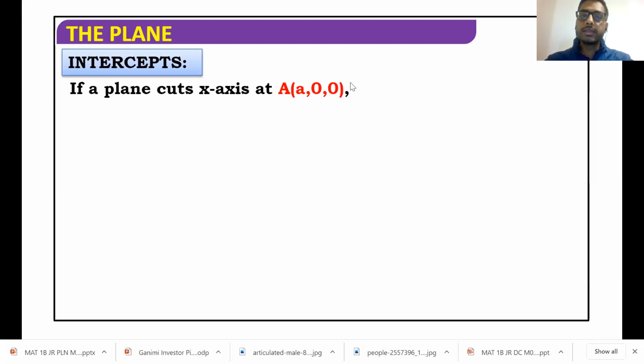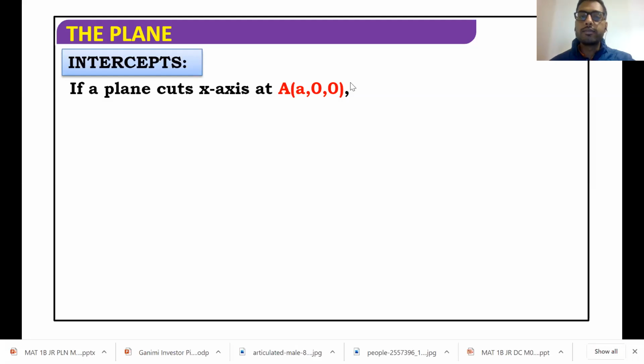You can also get the equation of a plane from its intercepts. So let's compare this first with the line chapter. In a straight line, we know that if I have both the intercepts on the x-axis and y-axis, then the equation of a line is given as x upon a plus y upon b is equal to 1, where a is your x-intercept and b is your y-intercept.